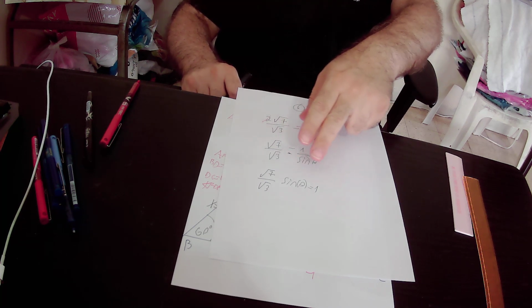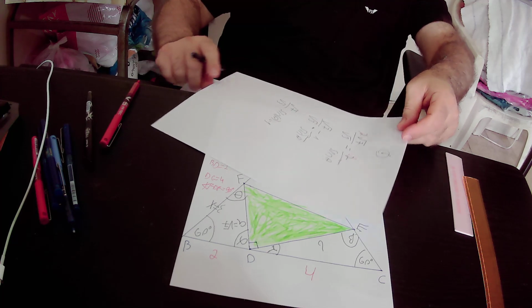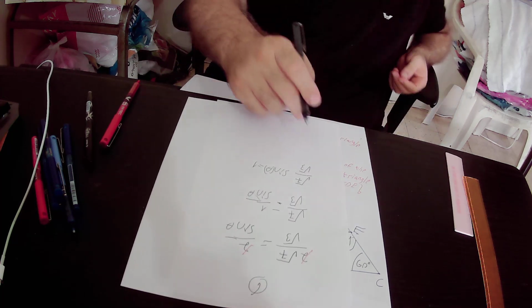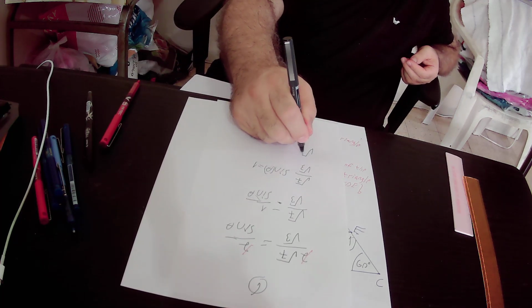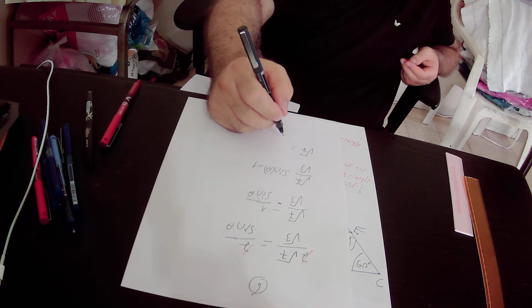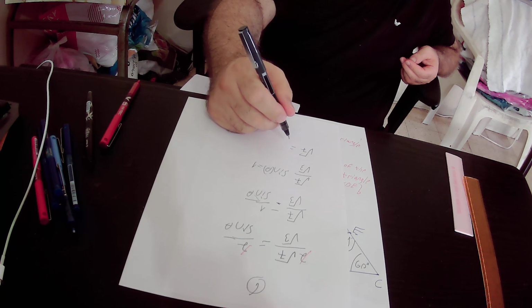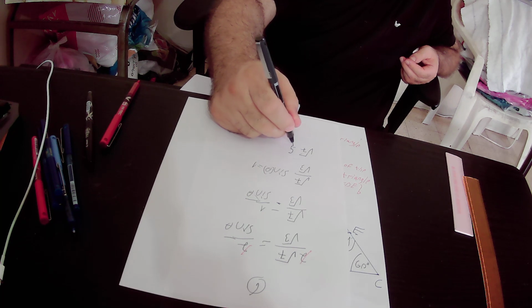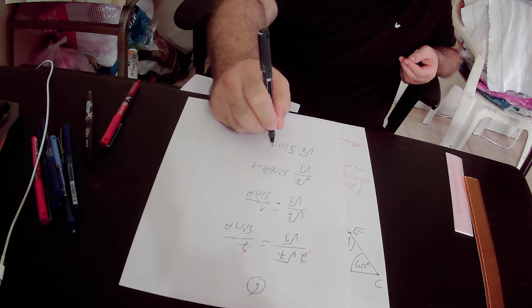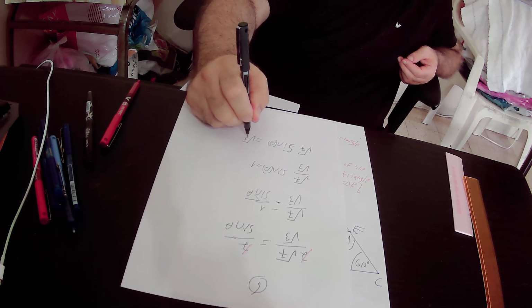Here we will multiply the equality by root 3, and we will get that root 7 times sine theta equals root 3.